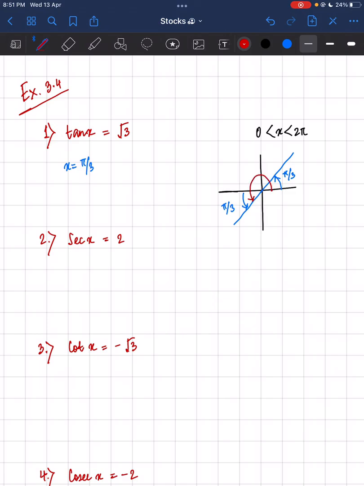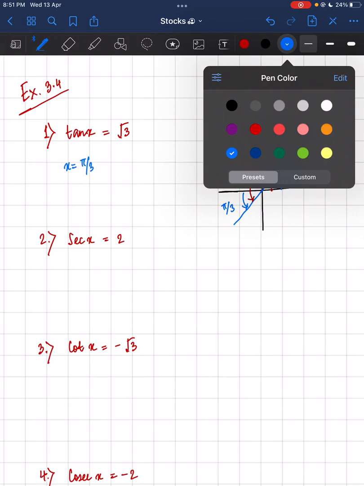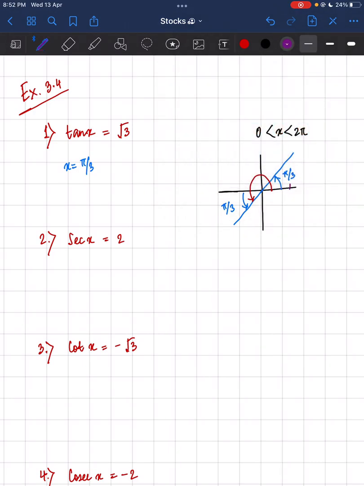What will its value be? Here you see, this much angle is pi, so it will be pi plus pi by 3. So the other angle is pi plus pi by 3, and this comes out to be x is equal to 4 pi by 3. So these two are the principal solutions of our given trigonometric equation.